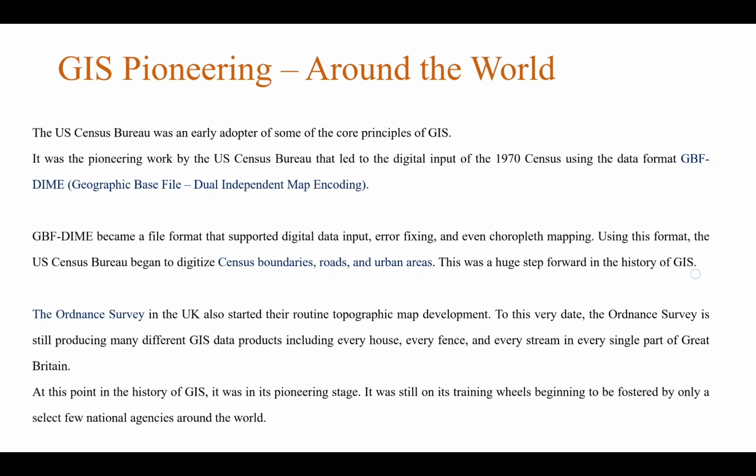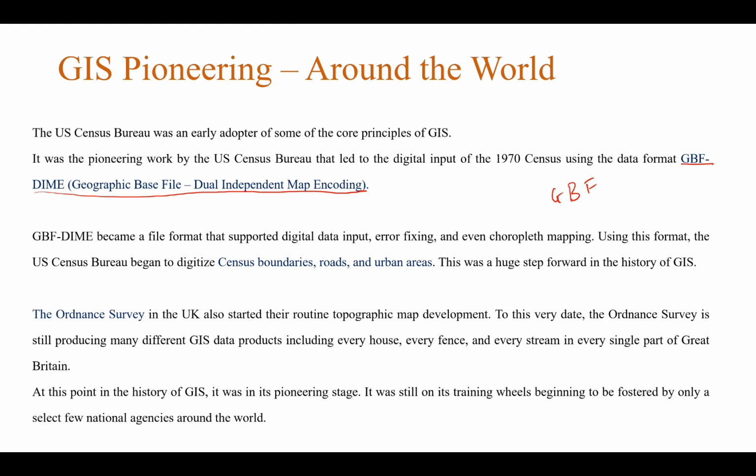So this is basically geographic base file, GBF, and DIME stands for dual independent map encoding. It's written here as well, you can take a note of it. And at that time, the Ordnance Survey of the UK had also started using technology and computers to draw or make their topographic maps.